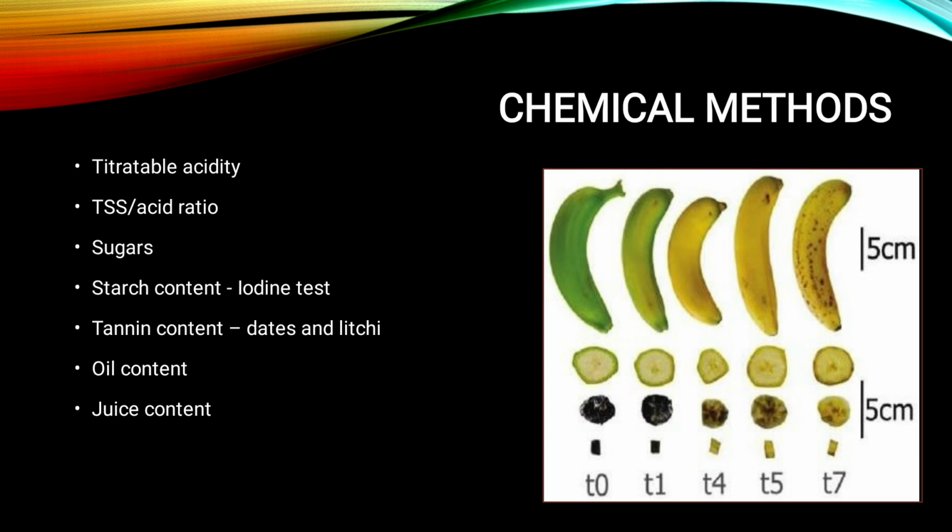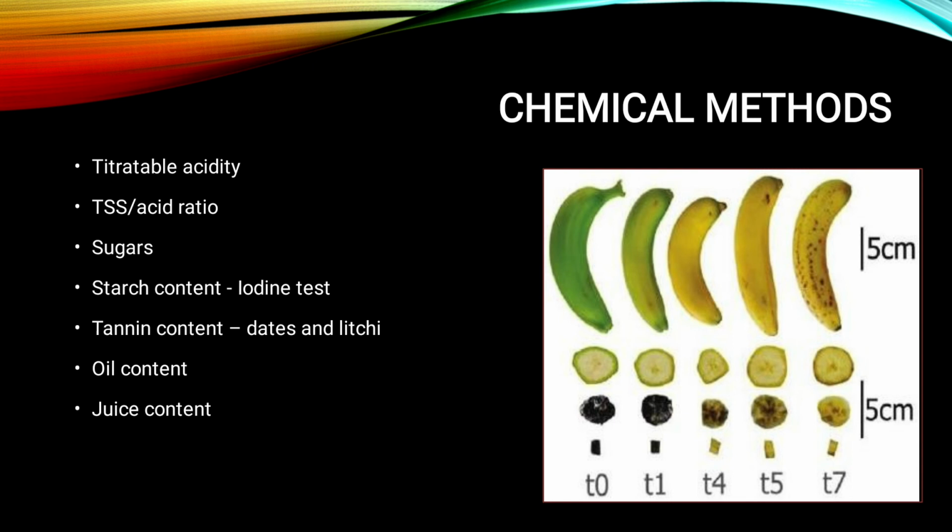In the given image, you can see the iodine test is applied on the banana. From green to fully ripened banana, they are kept here and slices are prepared. When the banana is green and reacts with iodine, the starch is going to be darkened with the iodine.